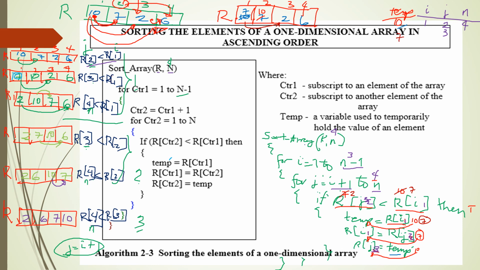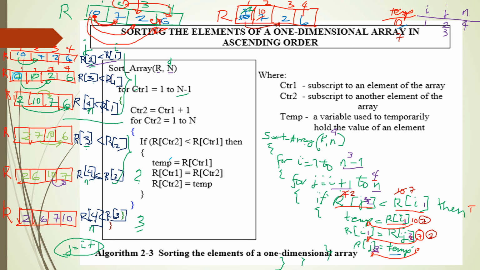Okay? And then next, R sub 3. R sub 3 is 2. 2 will be assigned to R sub 1. So, R sub 1 will be 2. So, ito, pakinggan natin. Ito, magiging 2 naman. Okay?